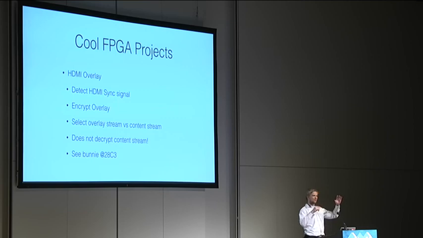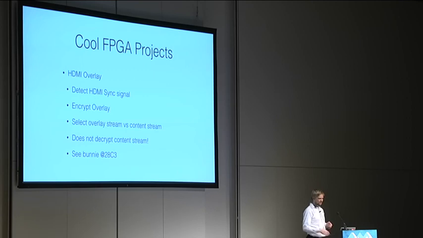So at one point it was an original picture, and at some other point in time it was another picture. He extracted the key and inserted the encrypted stream. The fun thing about it is that he does not need to decrypt the content stream, which is a pretty neat trick to avoid DMCA lawsuits, because this would violate it if you use the key that was leaked several years ago.